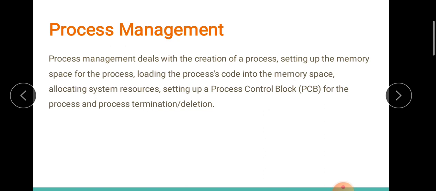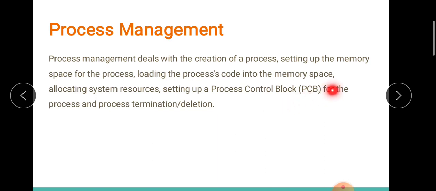Just like a manager gives the memory, loads the program, allots other resources, and finally ensures the state and other things of the process. That's the task in process management.